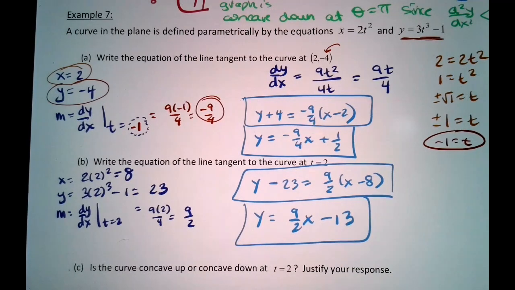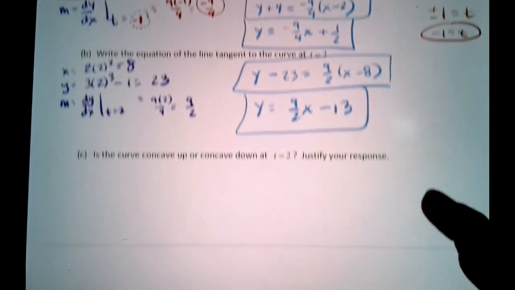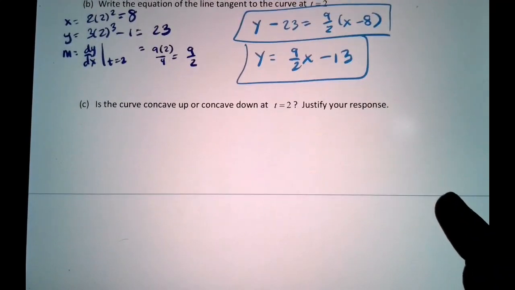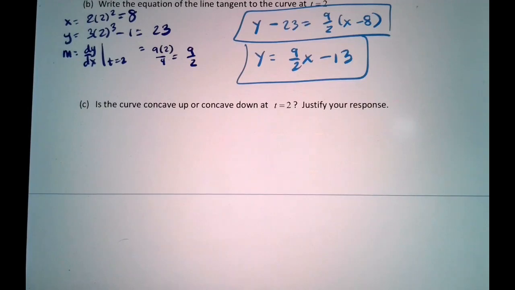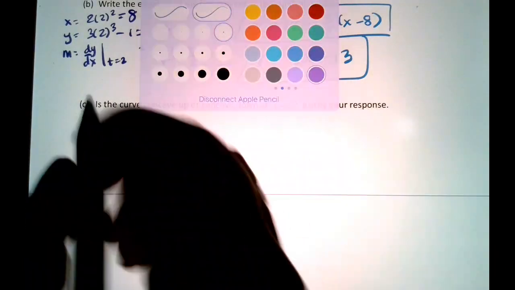Okay. All right. So, marrying all of this together, we're finally going to talk about the second derivative here, because in part C, they're asking you that concavity question. Is it concave up or concave down? Well, that's dependent on the second derivative. So we will work on evaluating that second derivative.